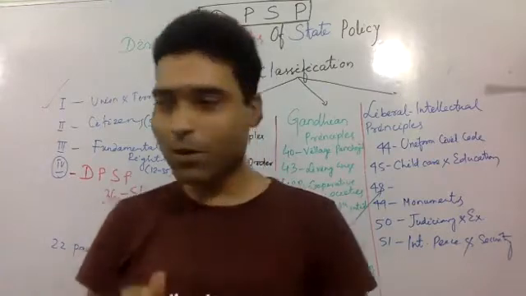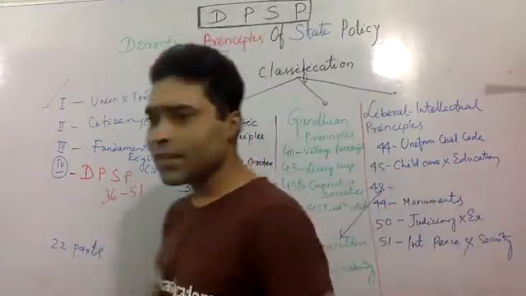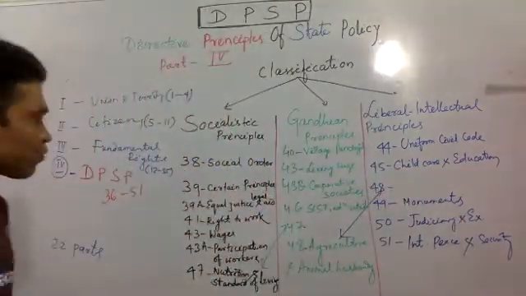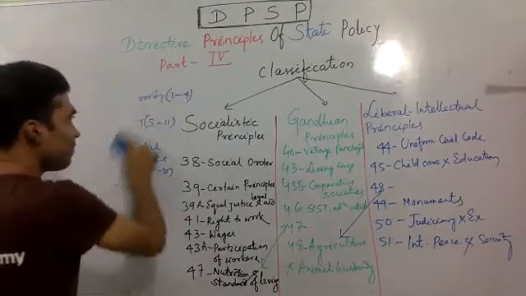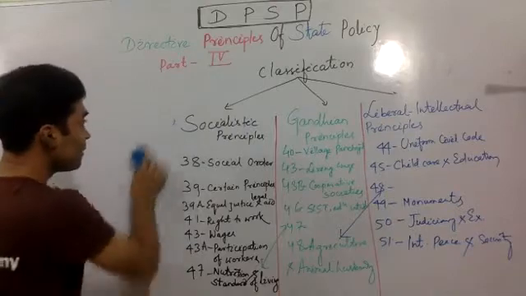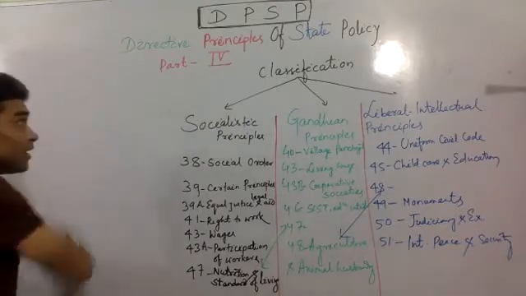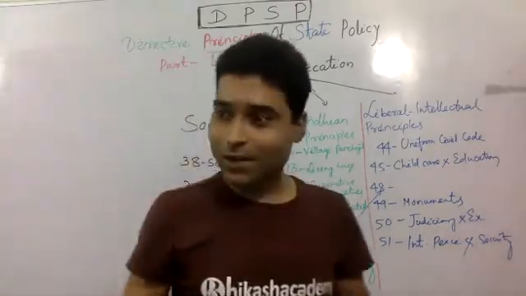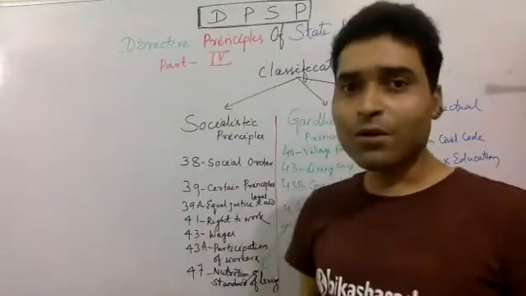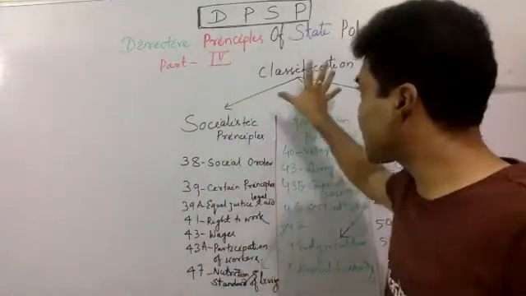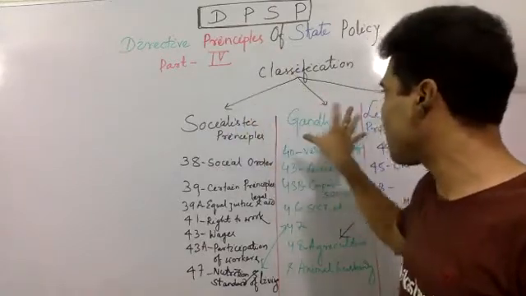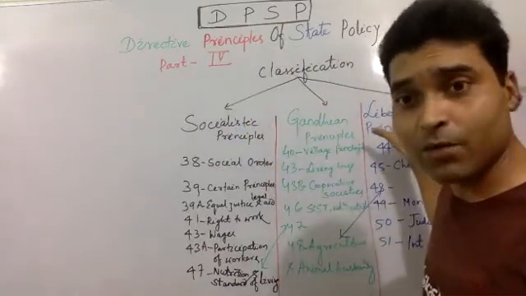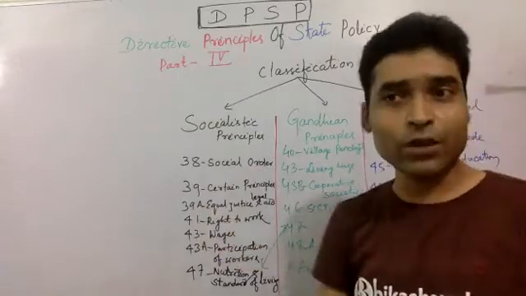I hope you got this point, right? First we'll understand the source of DPSP, and the statements many scholars have given regarding DPSP. We'll also study the classification of DPSP like Socialistic Principles, Gandhian Principles and Liberal Intellectual Principles. All these things we are going to discuss.